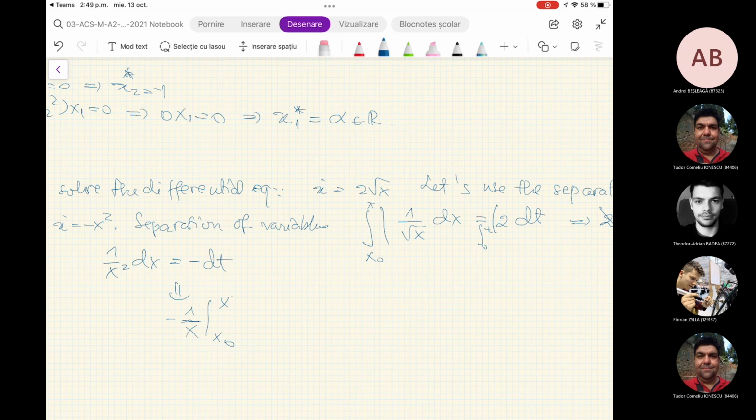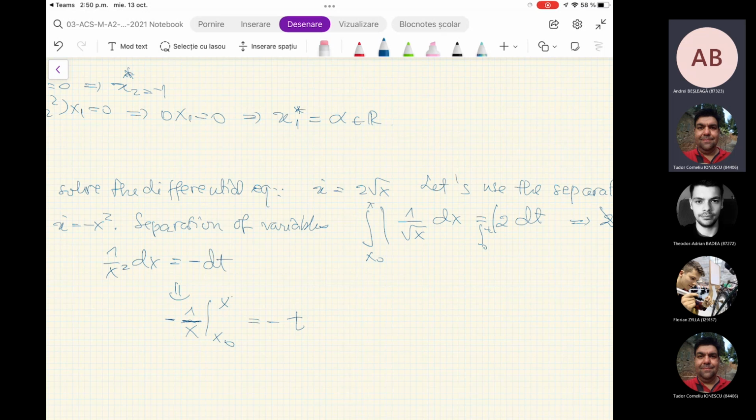True? Sorry, minus t. Agreed? I think this is correct, right? Yes.